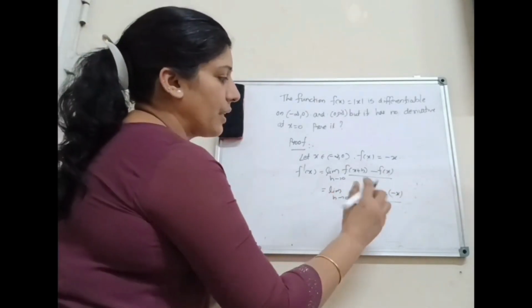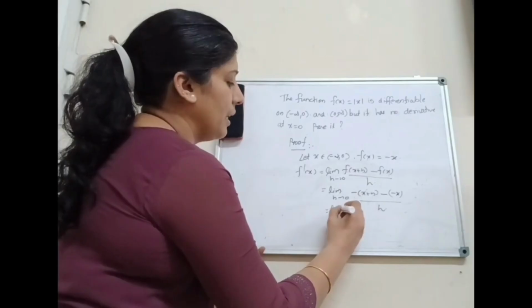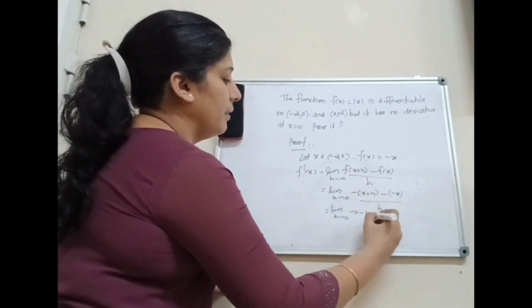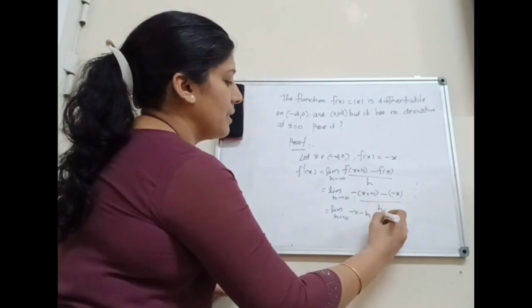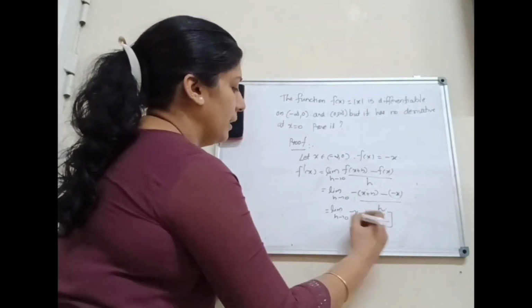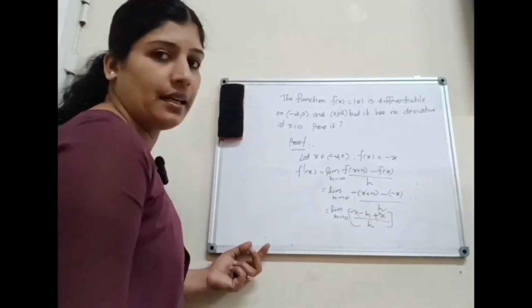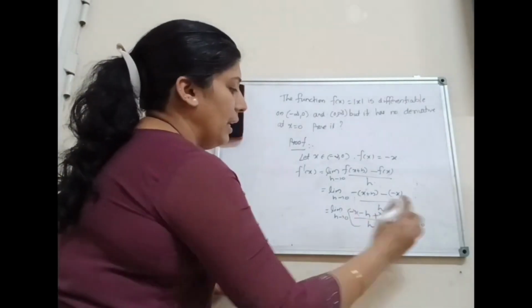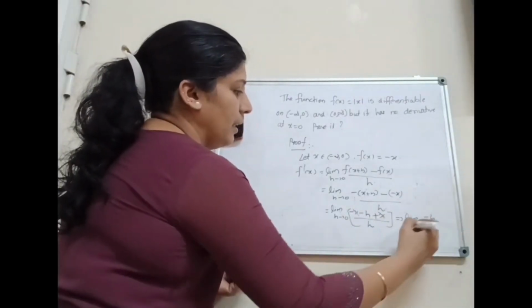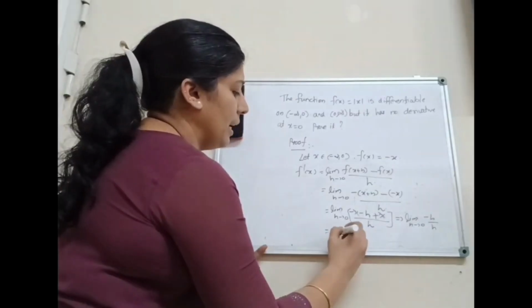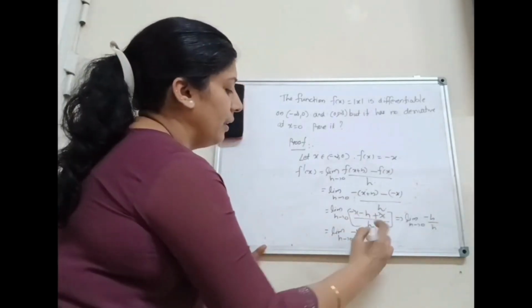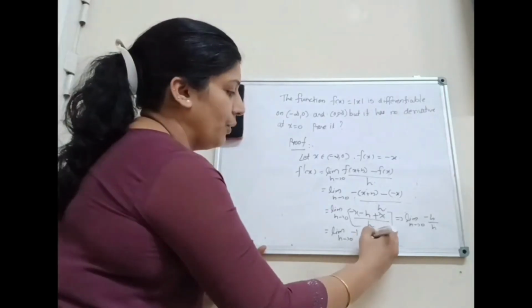Then minus (x+h) is minus x minus h, and minus of minus x is plus x, all divided by h. Here minus x plus x cancel. That implies the limit as h tends to 0 of minus h divided by h, which is equal to minus 1. Then the limit as h tends to 0 of minus 1 is equal to minus 1.